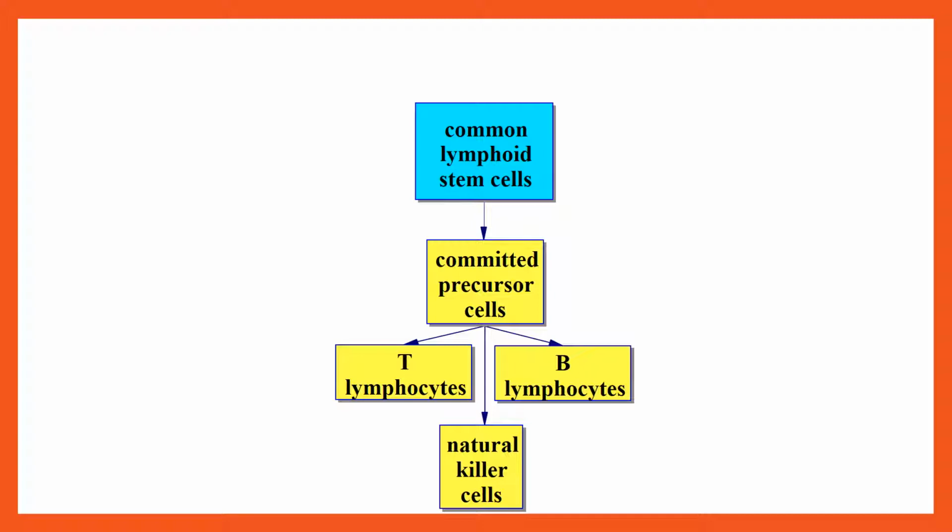On the other hand, what else can happen to pluripotent stem cells? They may turn into lymphoid stem cells. From lymphoid stem cells they will turn into committed precursor cells, T cell progenitors or B cell progenitors, and these will turn into mature cells. The T cell progenitor will work through the thymus and eventually turn into T cells, and B cells will become plasma cells.